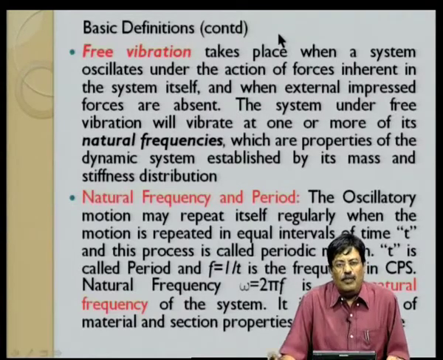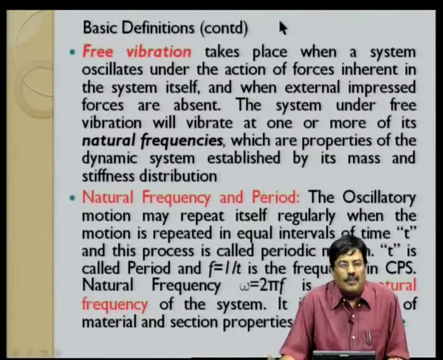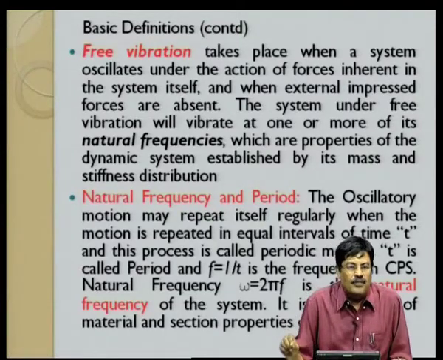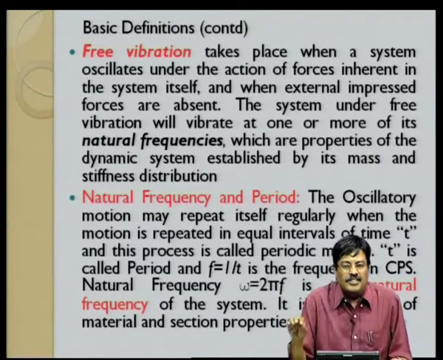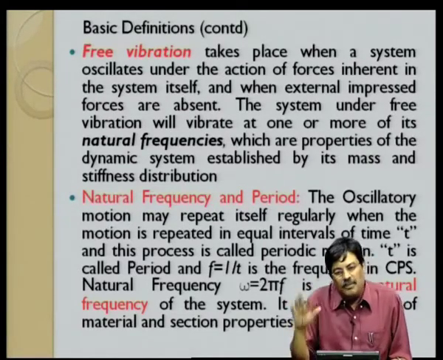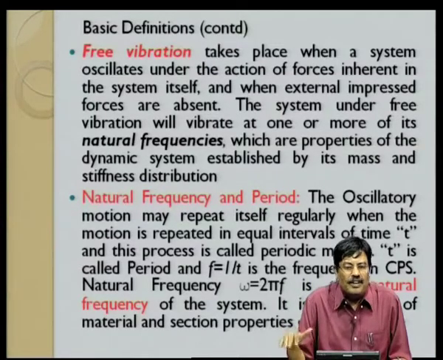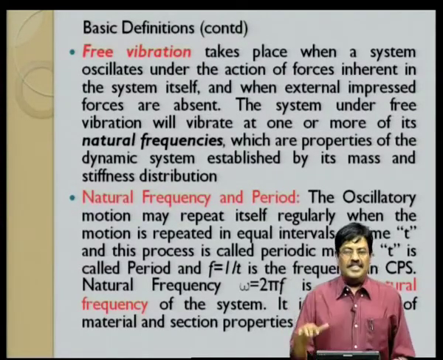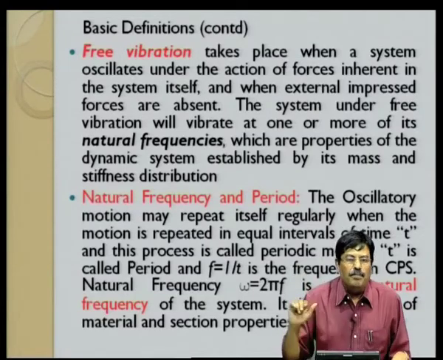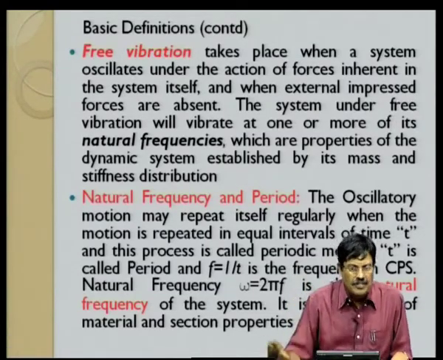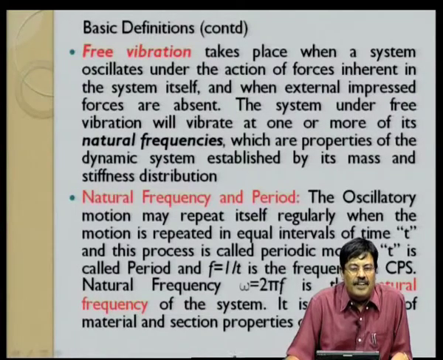Next, we will define what is free vibration. Free vibration is vibration that takes place in the absence of external force. That is, we just give a disturbance, say to a cantilever beam, and the beam goes up and down in repeated motion at certain intervals of time. The rate at which it vibrates is called the natural frequency of the system, and this is related to the time period.